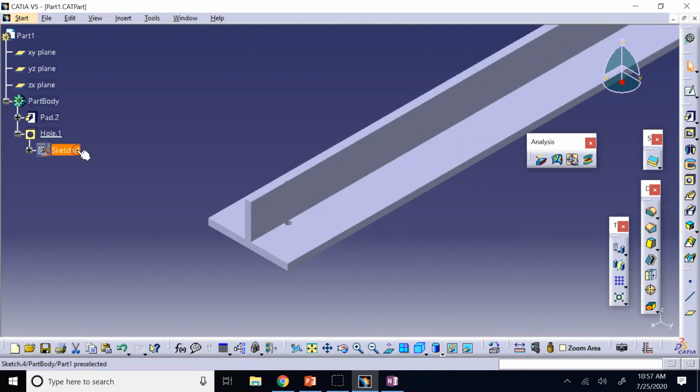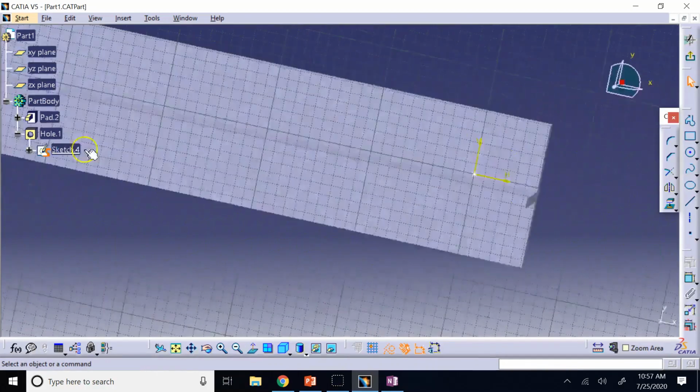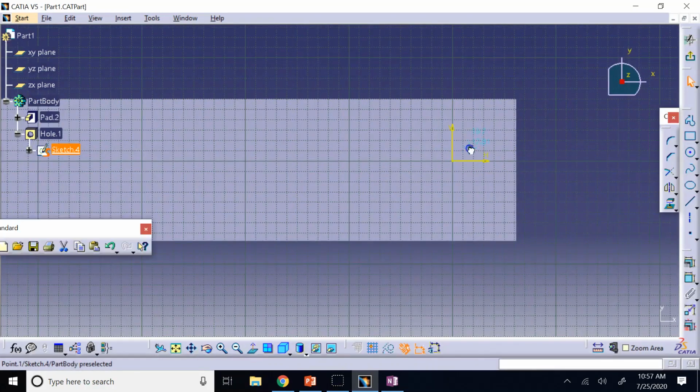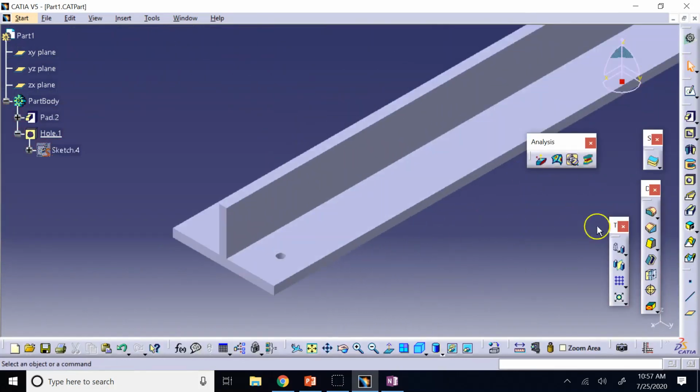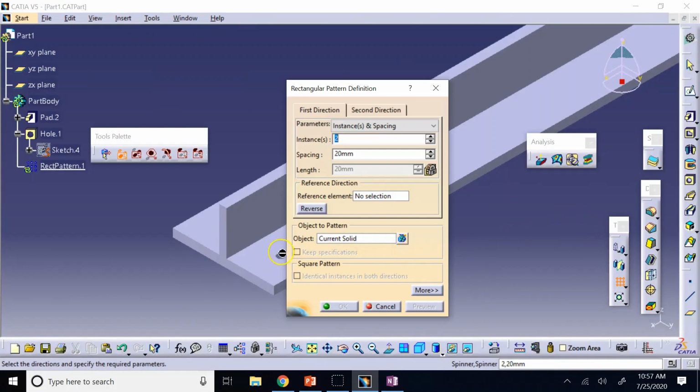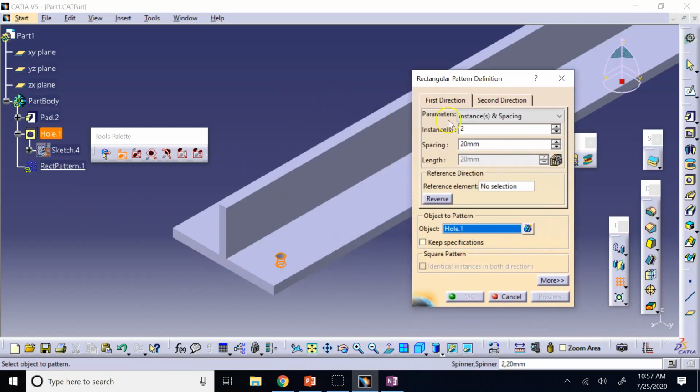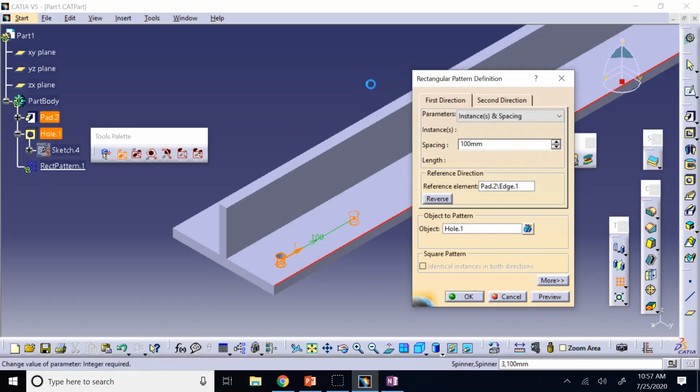The only thing I want is to move the center of this hole maybe here, right? And then I use the rectangular pattern and repeat this hole along this edge, and every 100 mil I add one more of that, right?